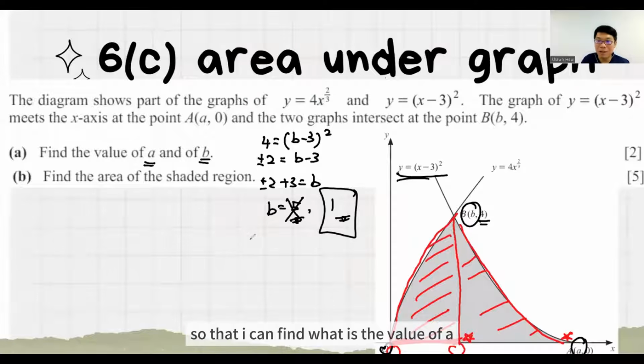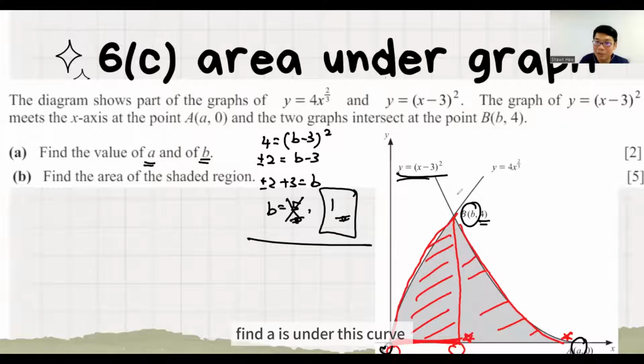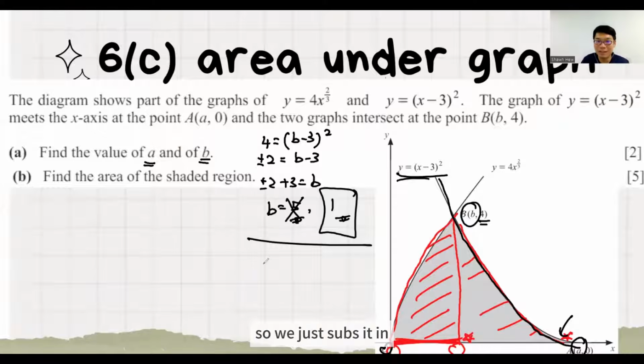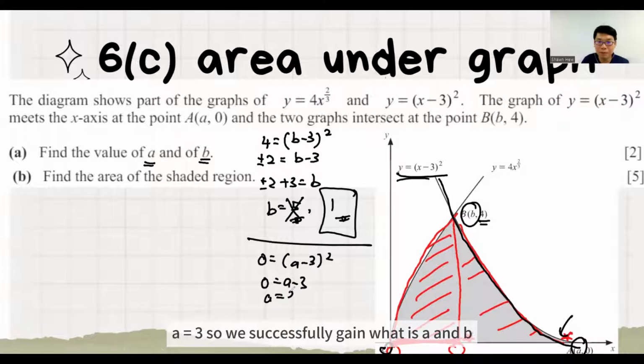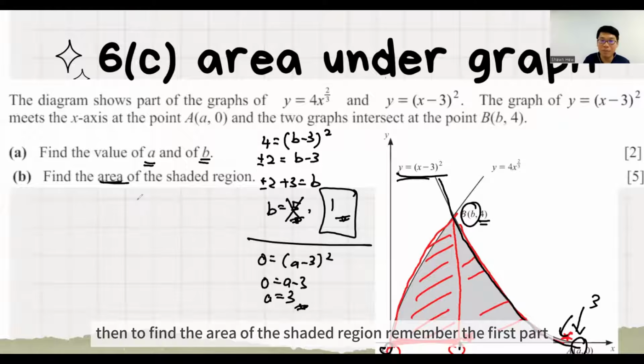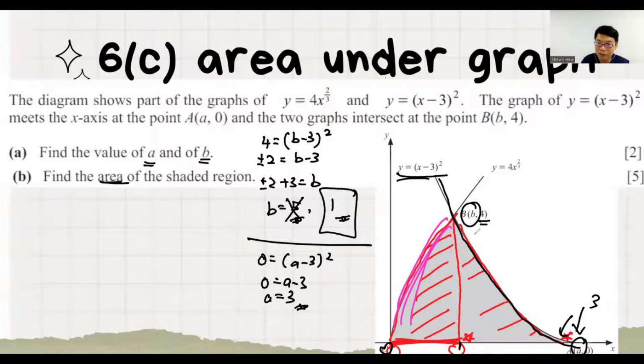After that, I can find the value of A. A is under this curve. So this curve intersects with the x-axis, which means y equals 0. So we just substitute in. A equals 3. So we successfully get A and B. Here is 3. Here is 1. Then to find the area of the shaded region, remember the first part is from 0 to 1.